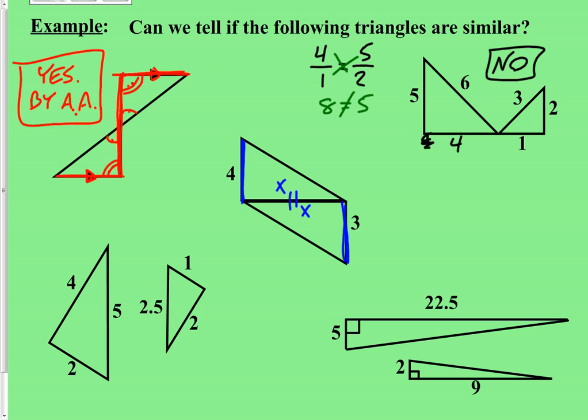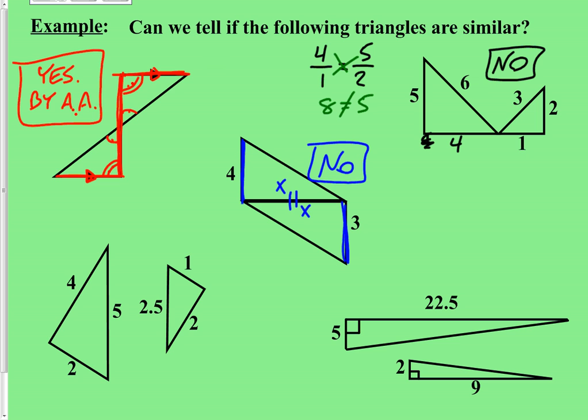We don't have right triangles, so we don't know if the Pythagorean theorem would work. I don't see any way to come up with any other angle information, since we don't know if we have any parallel lines or anything like that. So I believe in this case, we would be forced to say no. It may be that they are similar, but based upon the information we have, we simply do not have enough to determine that.